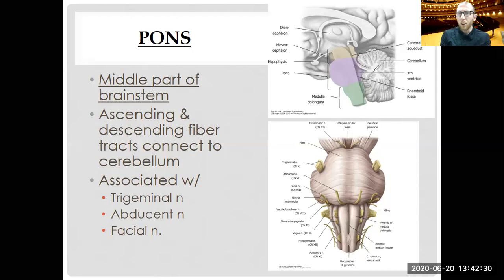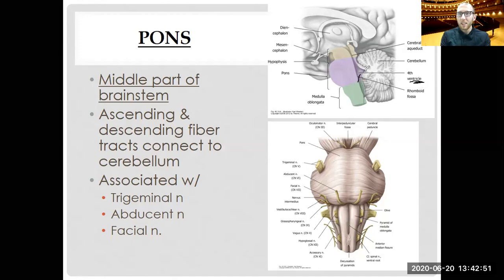Furthermore, haven't mentioned this yet, but there's actually some hollow spaces within the brain itself called ventricles. So we studied sinuses in the skull, and those were hollow spaces in the skull. Hollow, empty spaces in the brain is a ventricle.